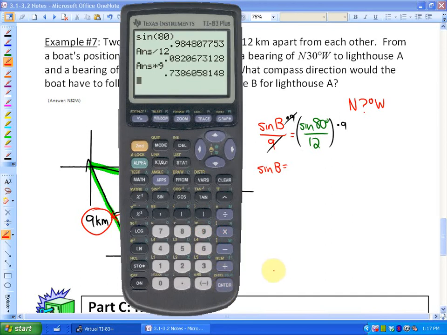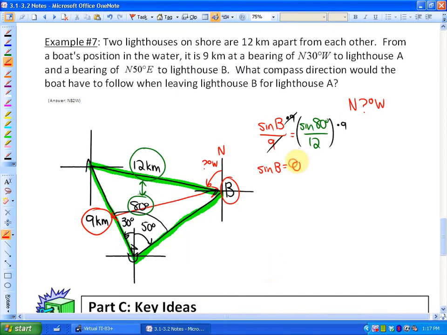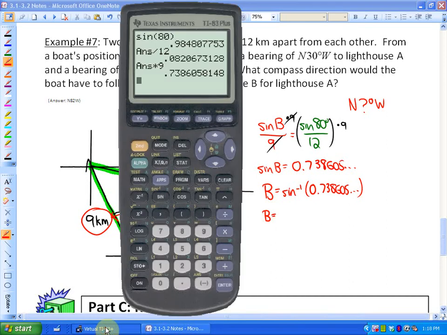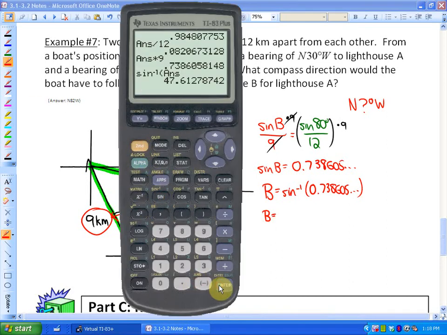So it's 0.738605, etc. So angle B is equivalent to sine inverse of that proportion, 48 degrees.